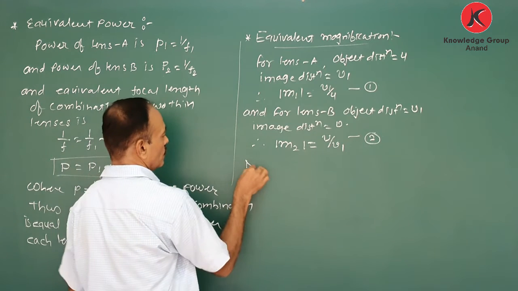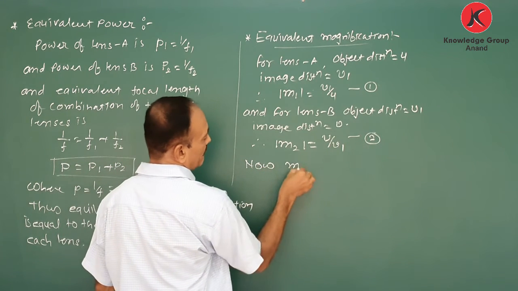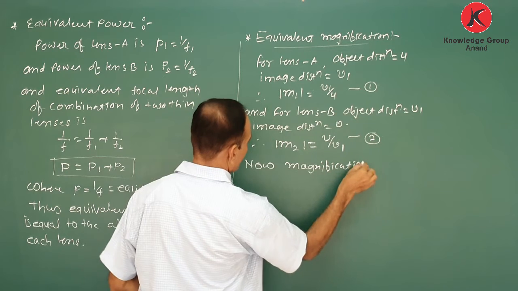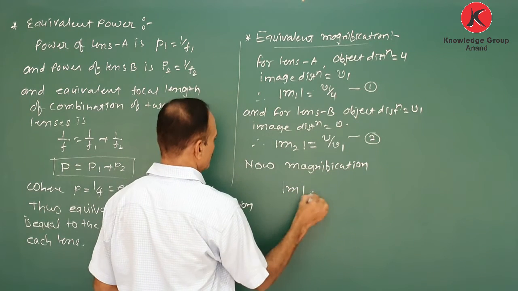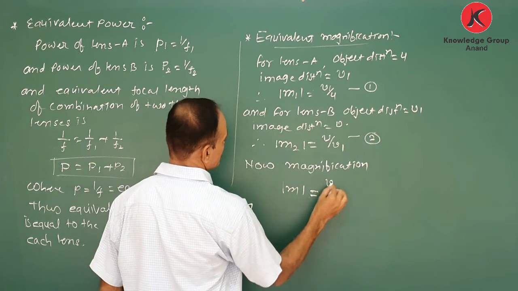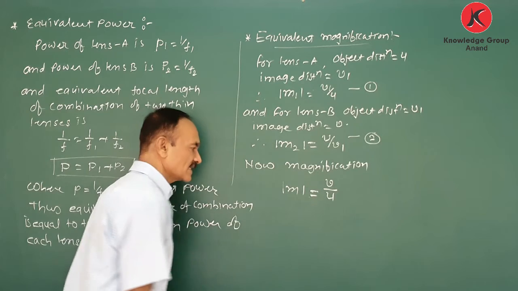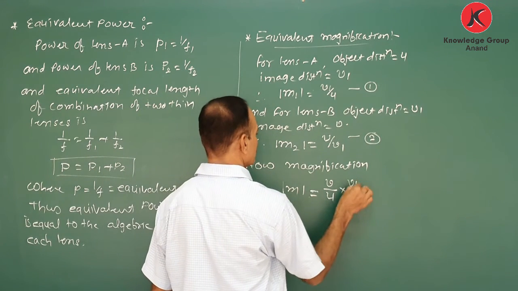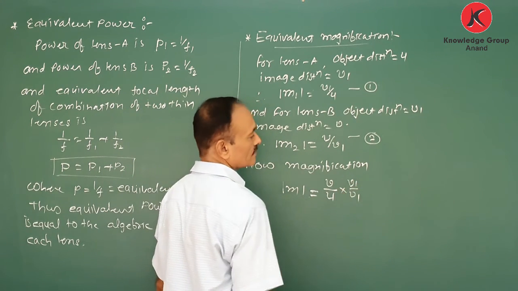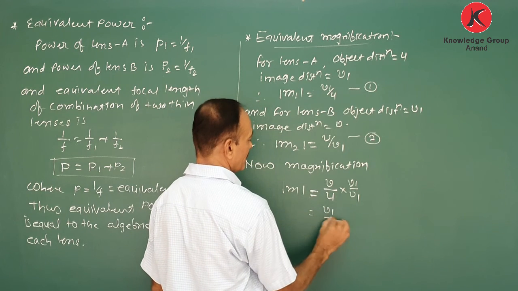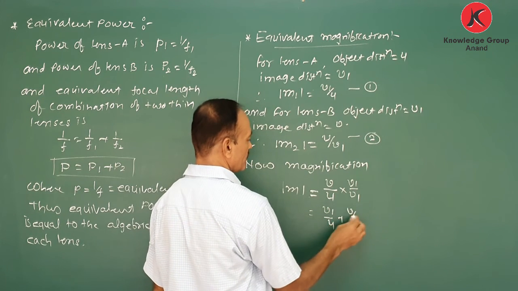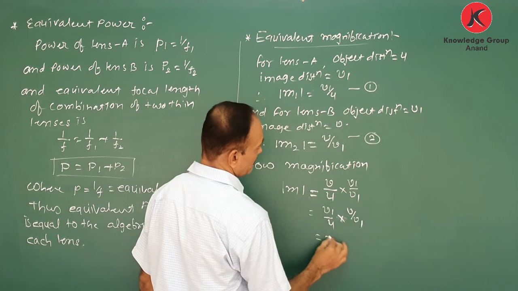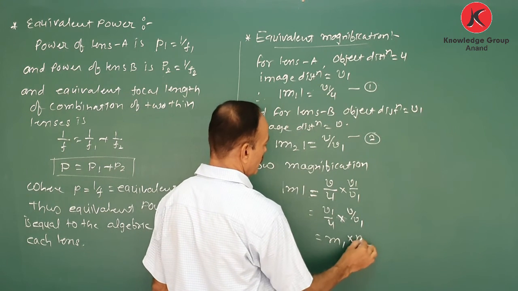Now, we know that mod of M is equal to image distance upon object distance. Now we can multiply and divide it by V1. Therefore, V1 upon u into V upon V1. So that is our M1 into M2.